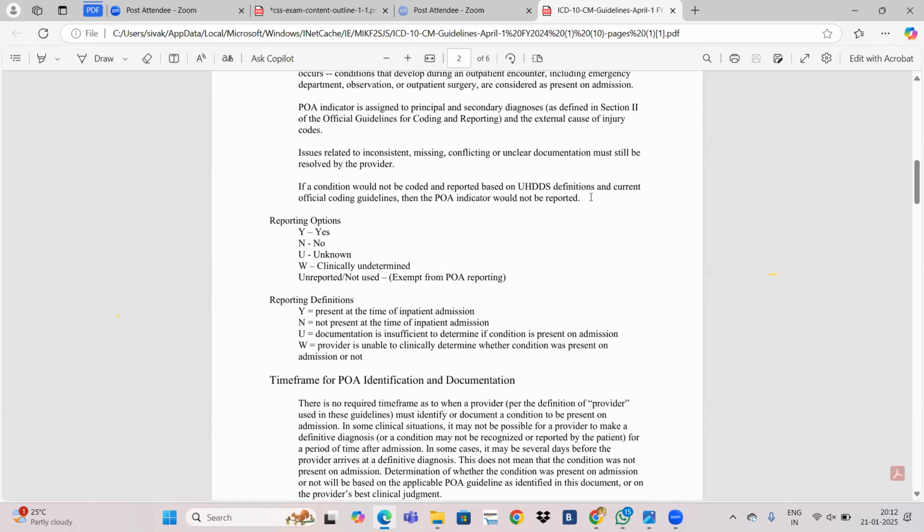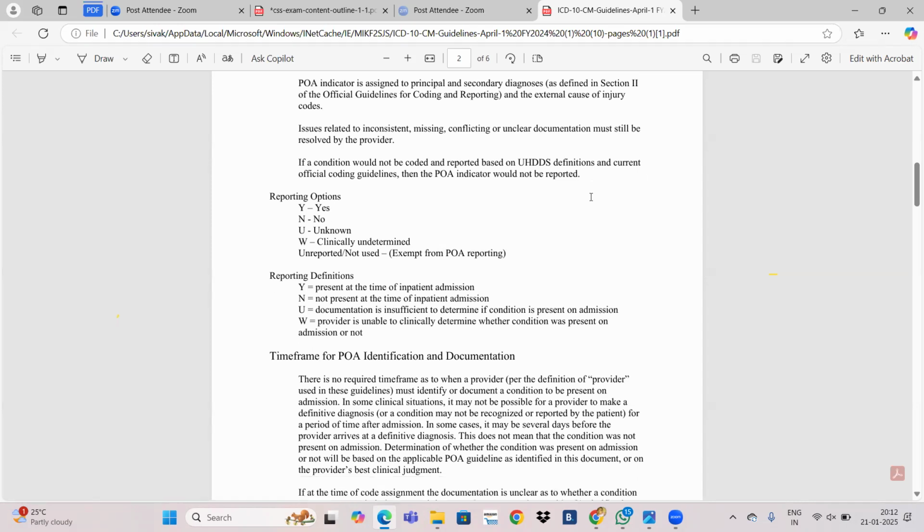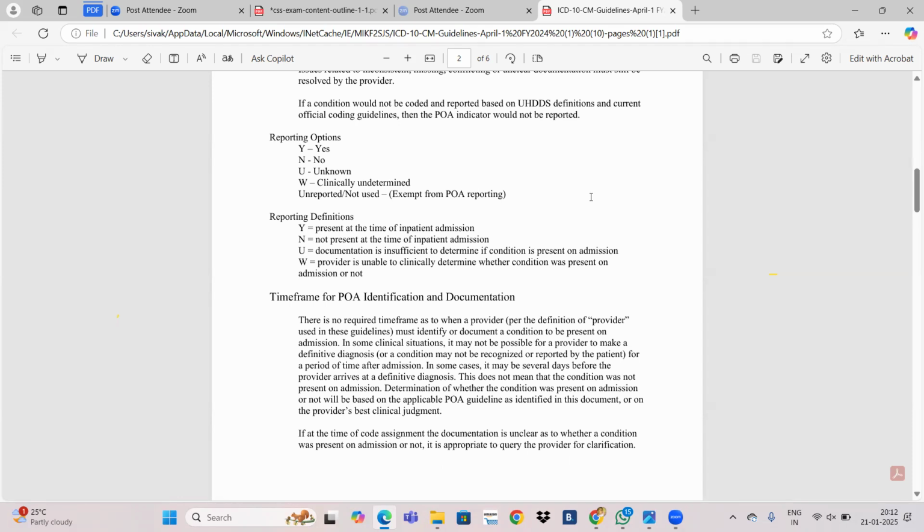In total we have 5 indicators. Please note down these indicators: Y, N, U, W and E.